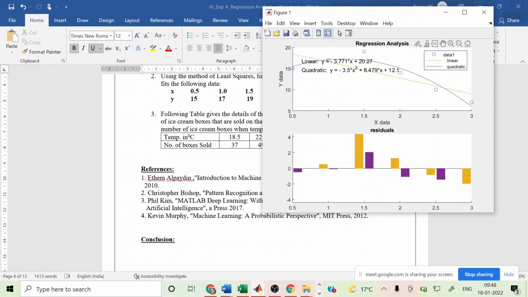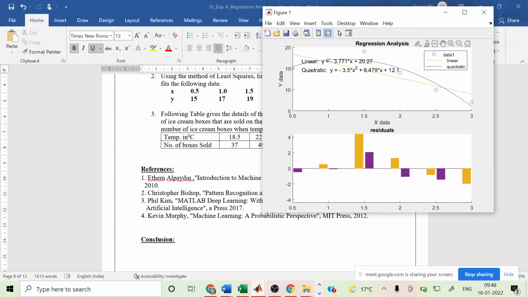Within brackets you can say error estimation is less in quadratic. That is why for this particular problem, quadratic is a better solution or better prediction than the linear regression. So this is how the conclusion should be.